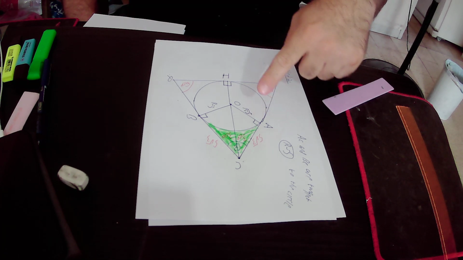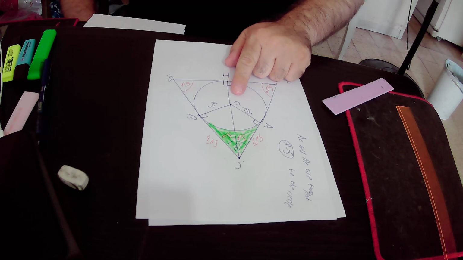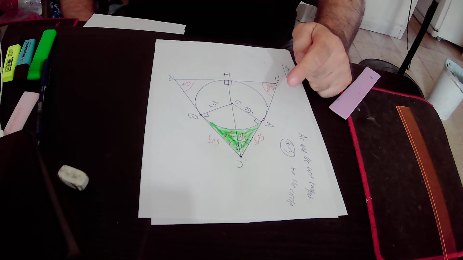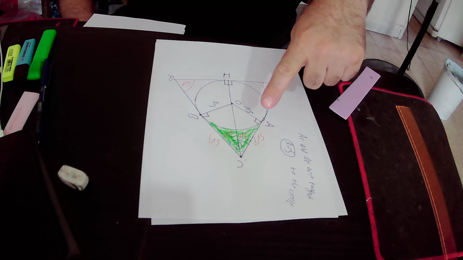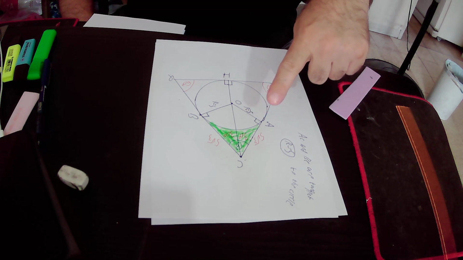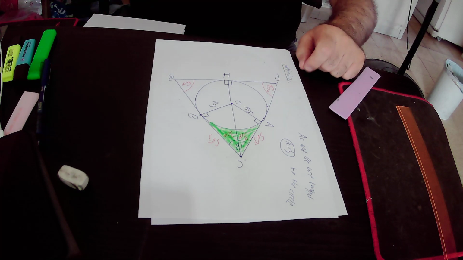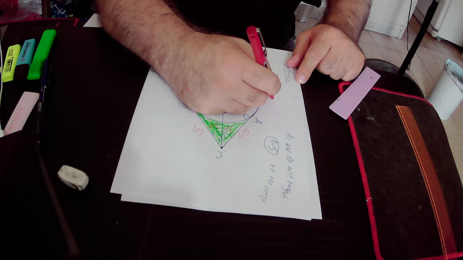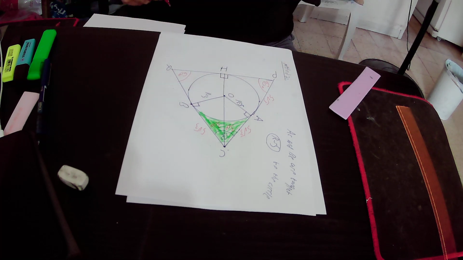That is to say, we draw the height AO. Therefore, this height divides the side CP into 2 equal parts. So AC equals PA. If AC equals 5 times root 3, then PA will also equal 5 times root 3. Okay?